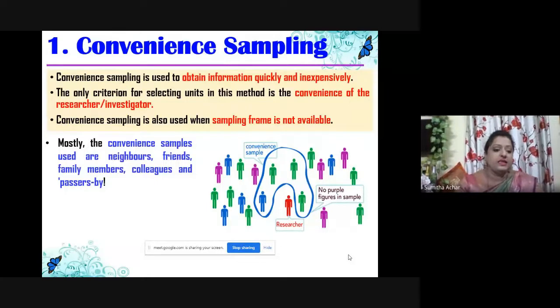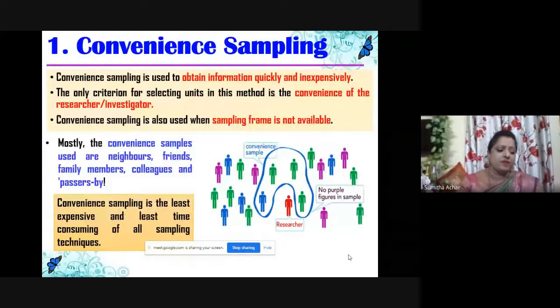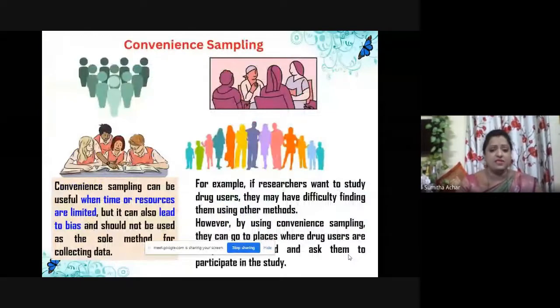The convenience samples are generally the researcher's friends, neighbors, family members, colleagues, or anybody passing by. So this is exactly what the convenience sampling method is all about.